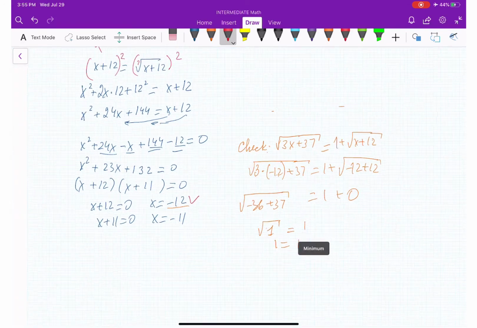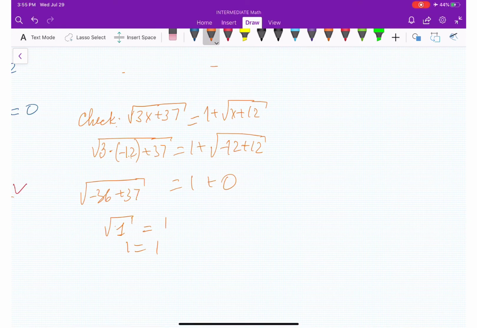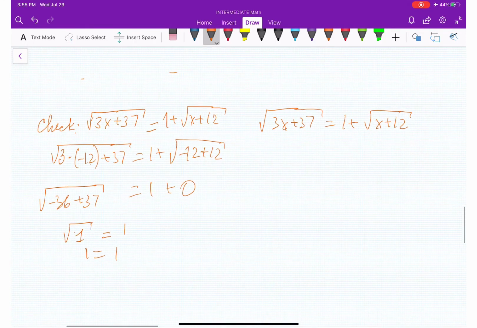Now let me plug another one, negative 11. So square root 3x plus 37 equal 1 plus square root x plus 12. Okay, my x is negative 11. Let's plug square root 3 times negative 11 plus 37 is equal 1 plus negative 11 plus 12.